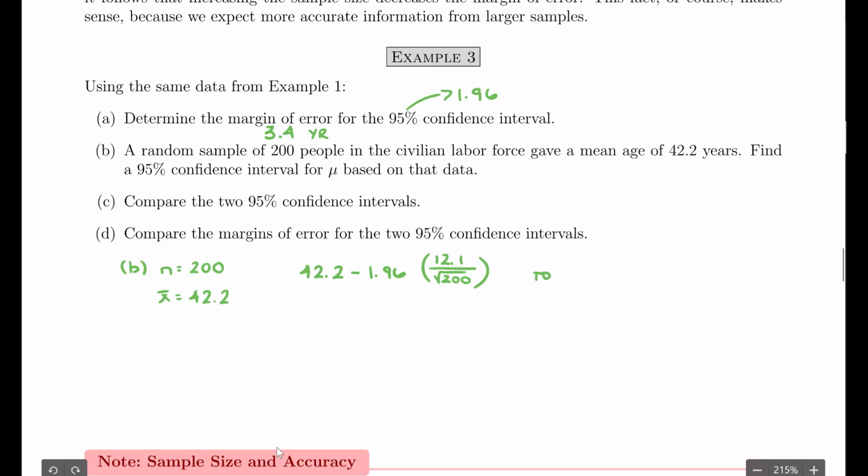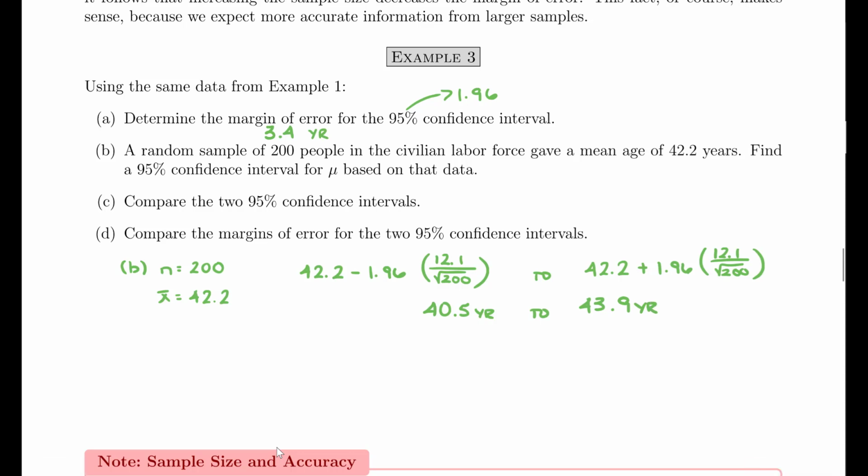And then that range will go to 42.2 plus 1.96 times sigma over the square root of 200 in this case. So when we evaluate those with our calculator, we get 40.5 years to 43.9 years.